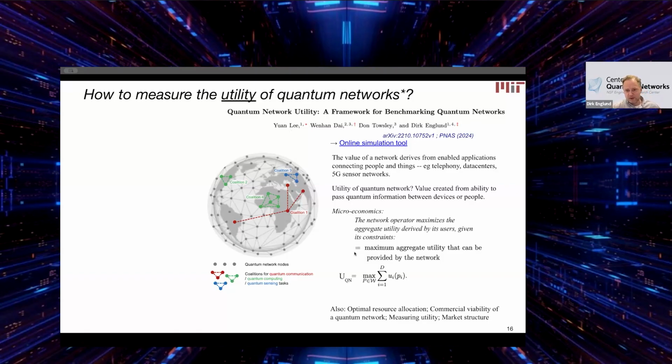And so I was very interested in formulating and formalizing the problem. And that led us, with a team of team members here, including Don Towsley from UMass, and Wen Dai, who maybe not coincidentally now works in finance, and Yuan Li, who's an excellent scientist, a master student with me, to try to answer this question that we would often get: what is the value of a quantum network?